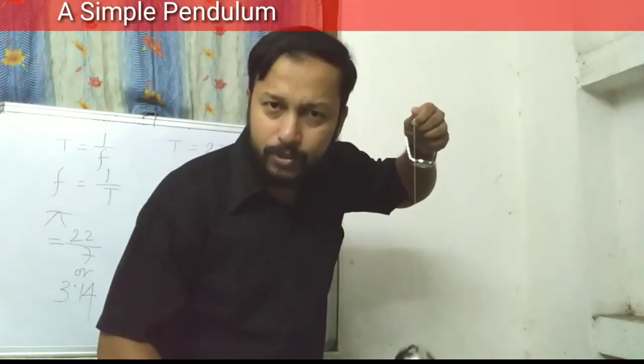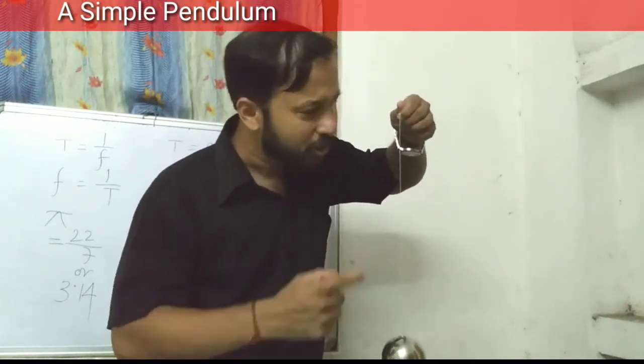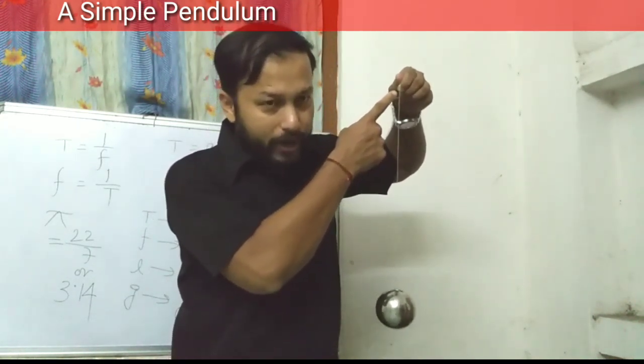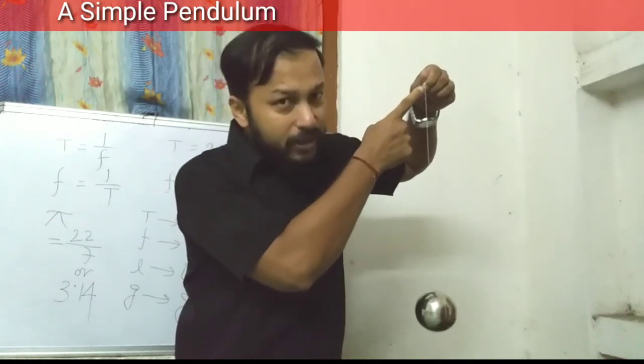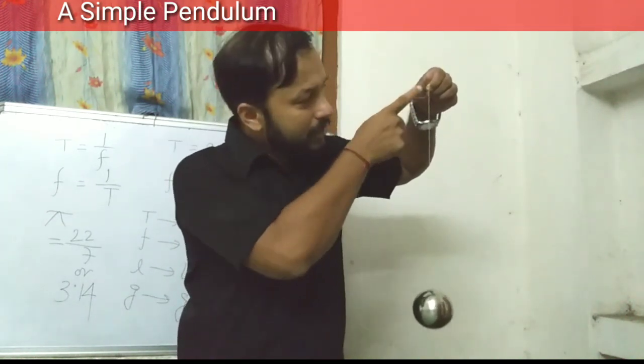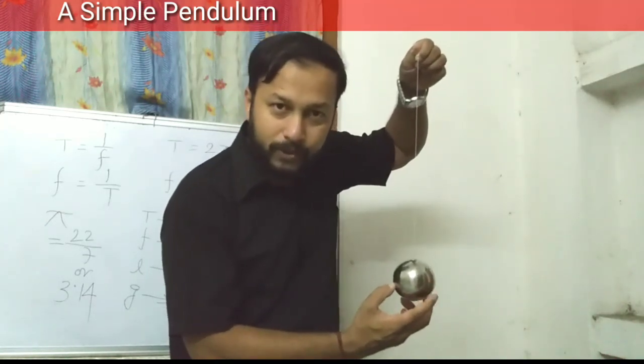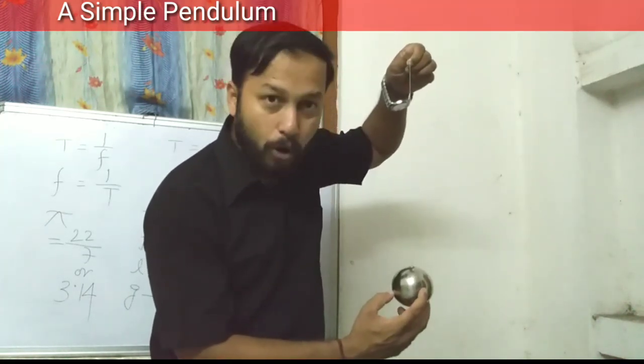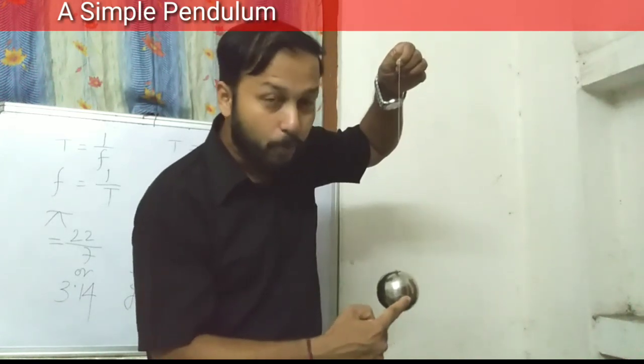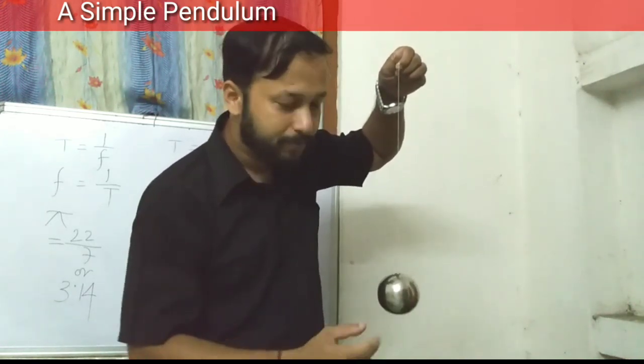So what are the terms we discussed? First we discussed point of suspension. Okay, this is called point of suspension. This is length of pendulum. The center of the bob, okay, center of the bob is called point of oscillation.